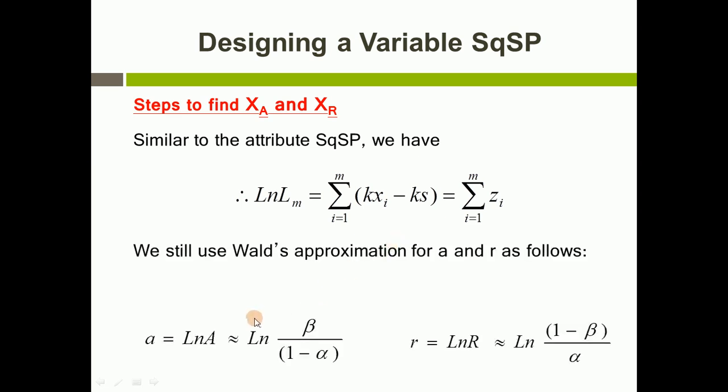And we are still preserving the definition of Wald's approximation for small a and small r, as in small a is equal to ln capital A, which is approximately ln beta over (1 minus alpha), and small r is ln capital R, which is approximately ln (1 minus beta) over alpha.